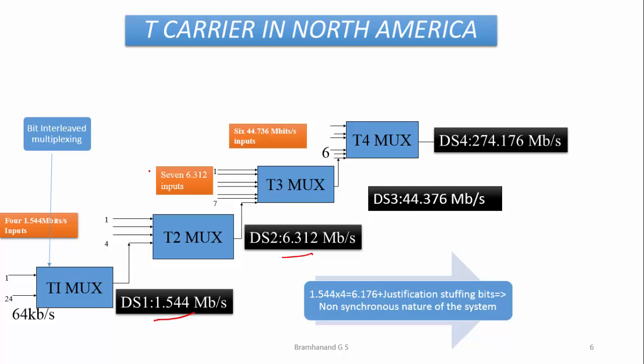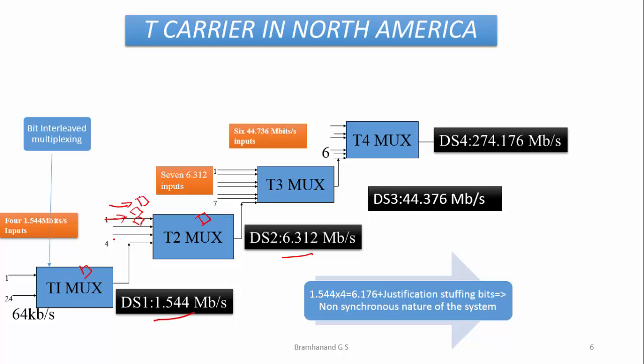So what are these justification stuffing bits? See, as these two devices work on different clock sources with some variation, maybe a variation of 50 parts per million, even with that variation over distance and time, the input data rate varies.